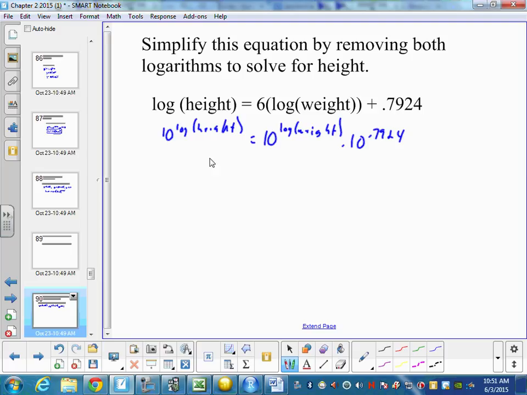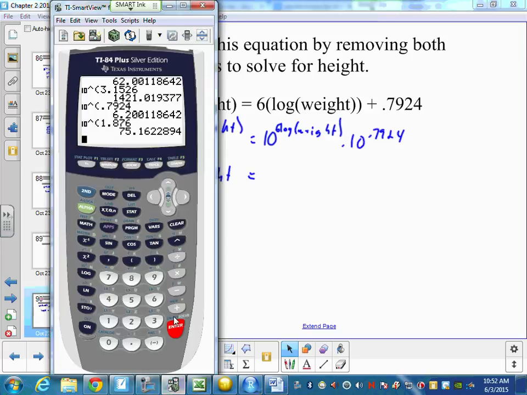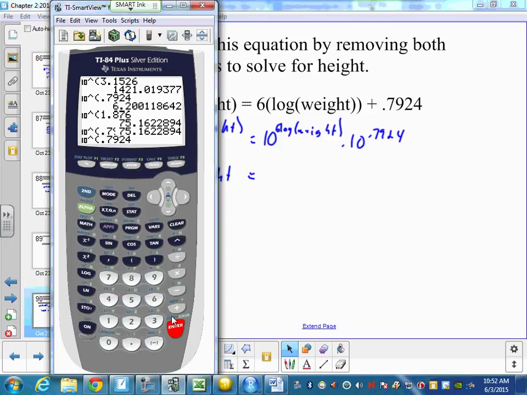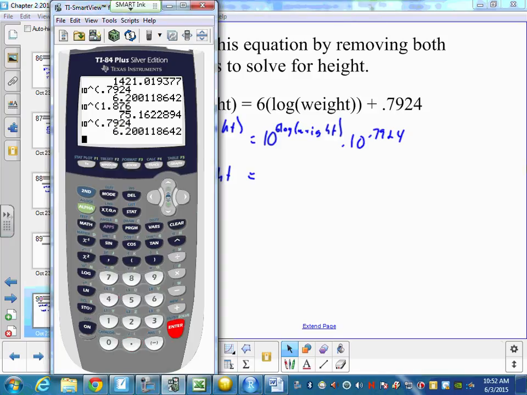And I still reduce this to being height. And I reduce this to being, oh, I forgot my 6 up here, I just noticed. All right. So when I plug that in, I got 10 to the 0.7924, and that's 6.2.